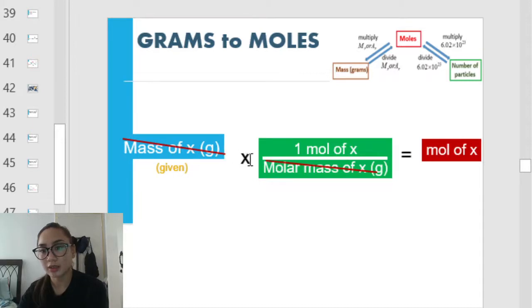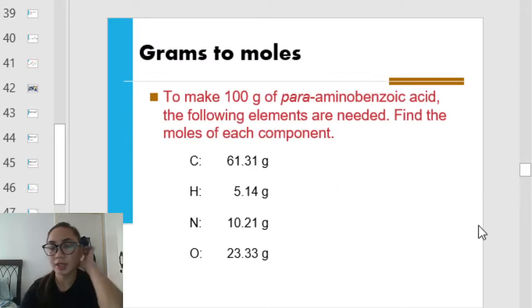And then the molar mass is what's left in the equation. So you have to multiply our given with 1 mole.